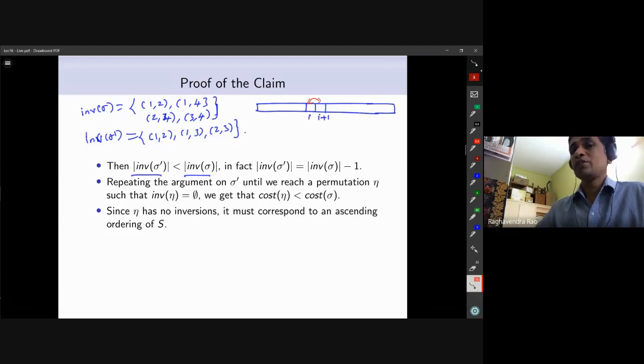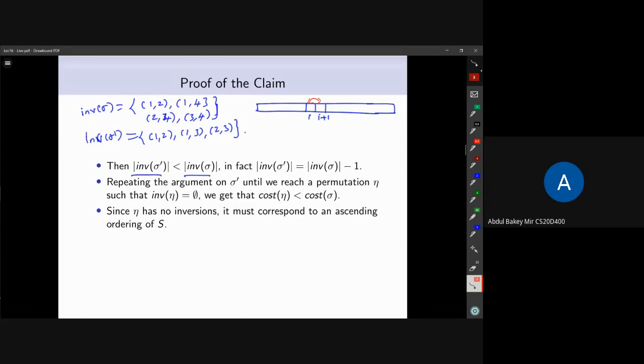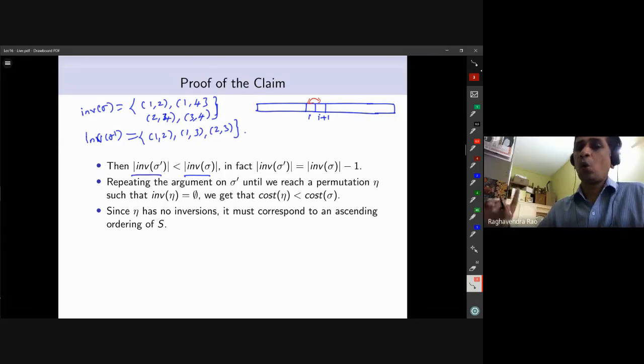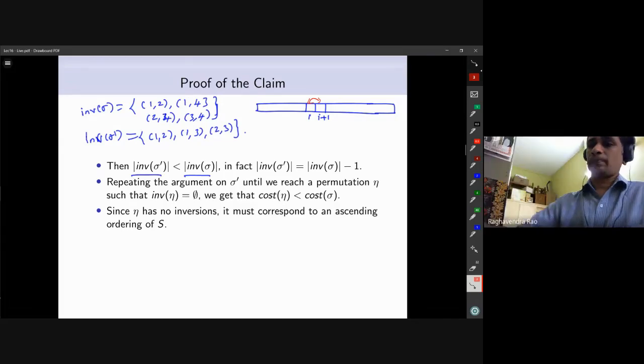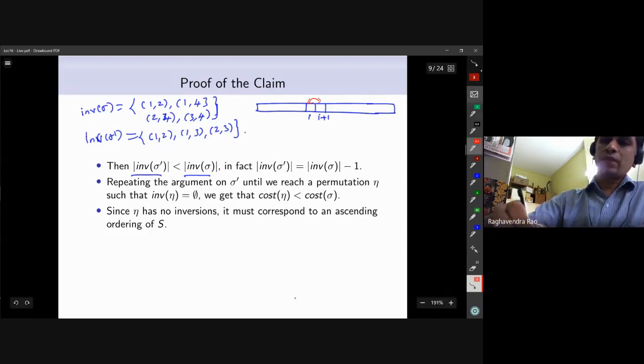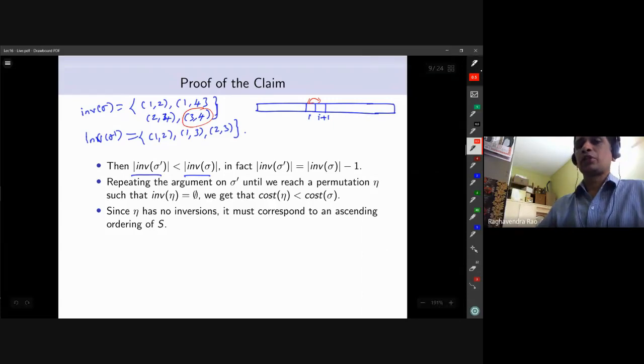All inversions of the form i plus 1 comma j will now become i comma j. All inversions of the form k comma i plus 1 will now become k comma i, except one. What is it? There is one exception to it: the pair i, i plus 1. That is the only thing that gets sorted out. So i, i plus 1, which is 3 4 in this example, is no more an inversion.